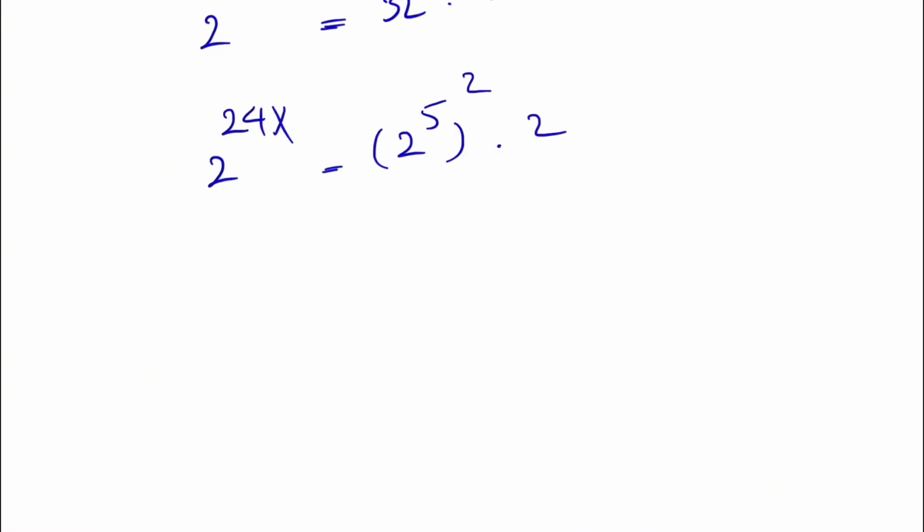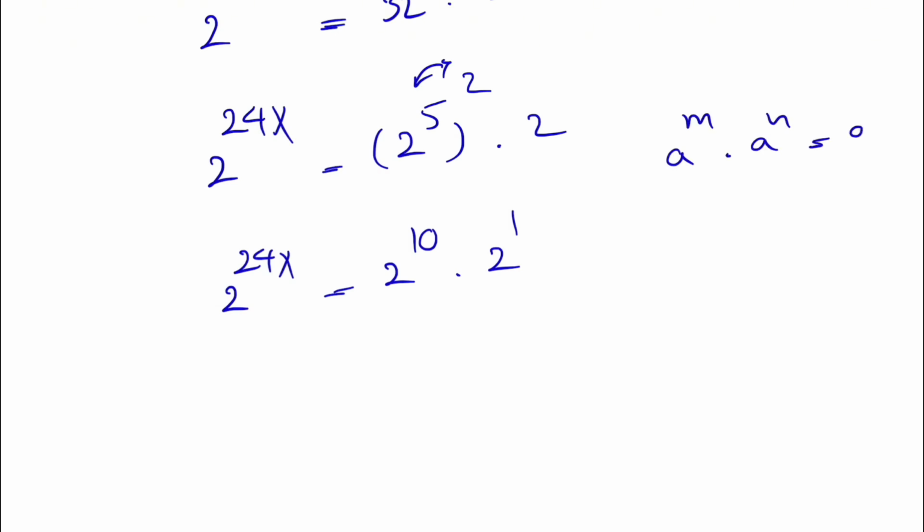So what we have in here is 2 to the power of 24x is equal to, we can multiply these two, so 2 to the 10 times 2 to the 1. Exponent, we know when we have a to the power of m times a to the n, this will be equal to a to the power of m plus n.